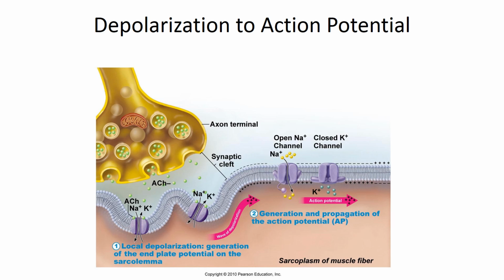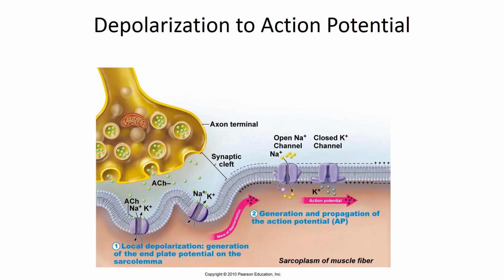So again, the binding of acetylcholine to the sodium ion channels on the motor end plate causes the channels to open. Sodium then rushes rapidly across the sarcolemma into the cytoplasm.